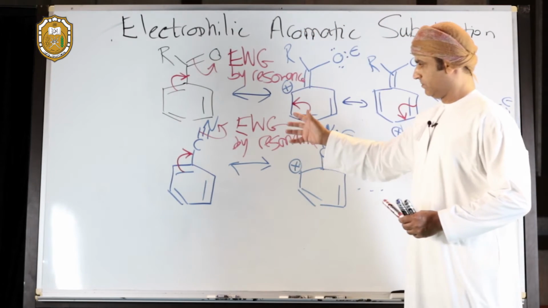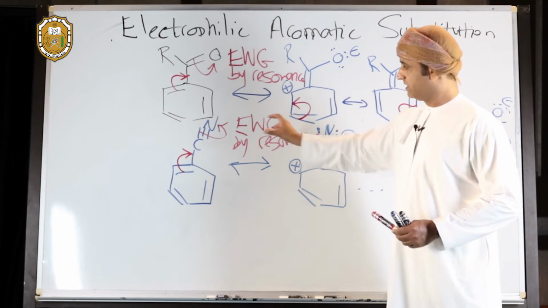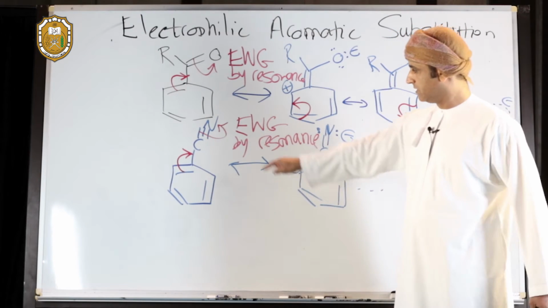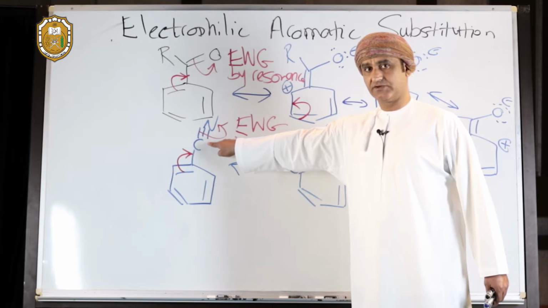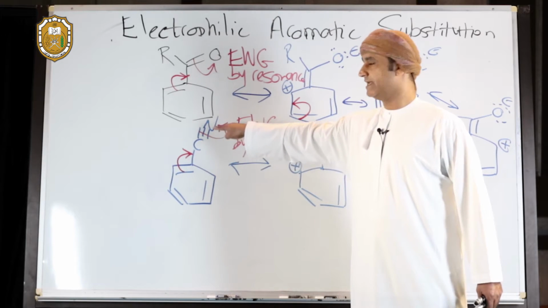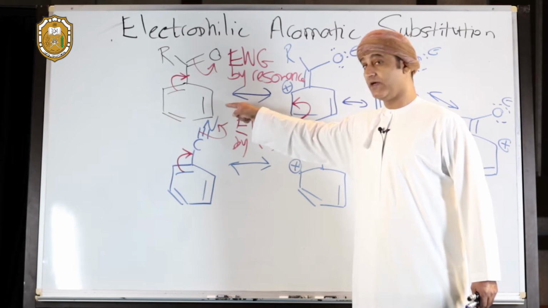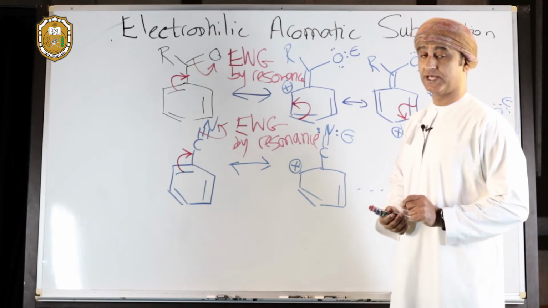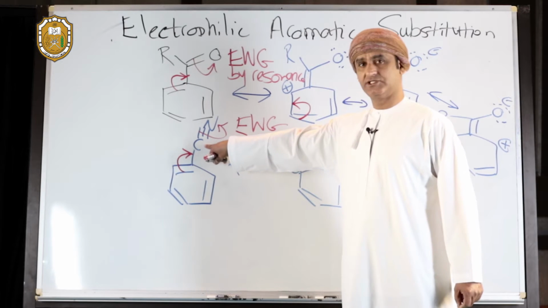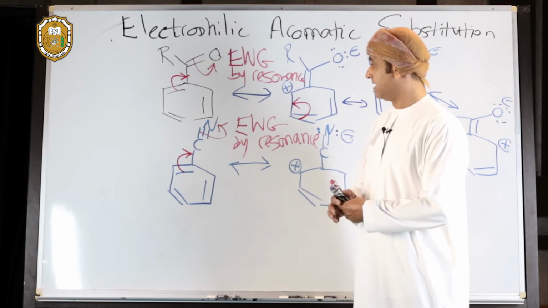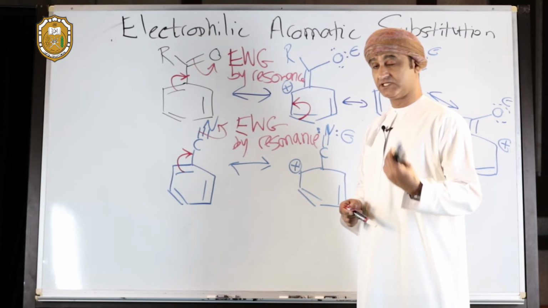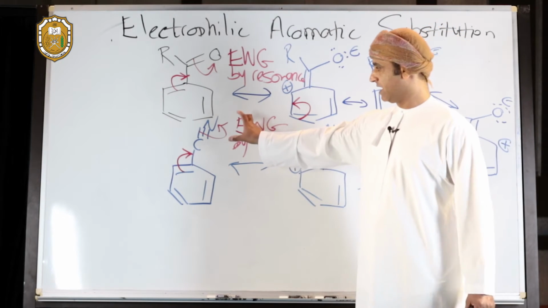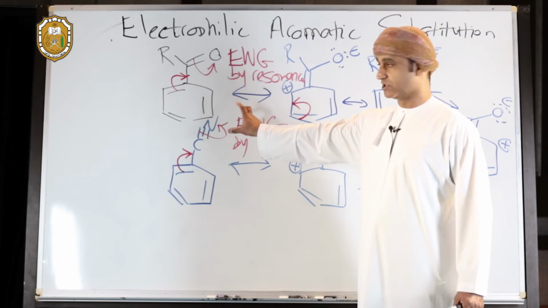So what's required therefore is basically a multiple bond, whether it's double or triple, between the first atom that's directly attached to the benzene ring and another atom, and the other atom must be a heteroatom. It must be more electronegative than the atom that's attached directly to the benzene ring. In this case, nitrogen obviously is more electronegative than carbon in this carbon-nitrogen triple bond.